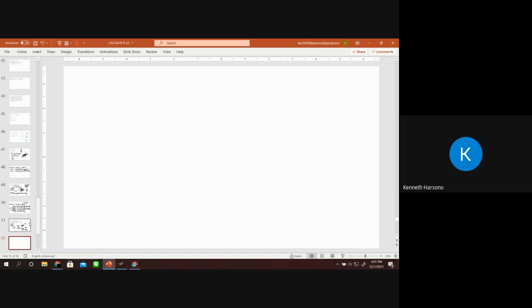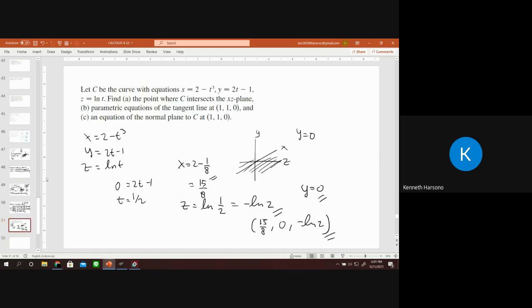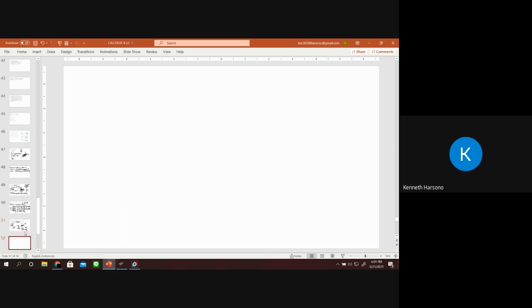What's the question? The parametric equation of the tangent line. So when you see a tangent line here, you have to differentiate this one to get the tangent line equation. So let's write it again. r(t) is 2 minus t to the power of 3, 1 minus t, and ln t.